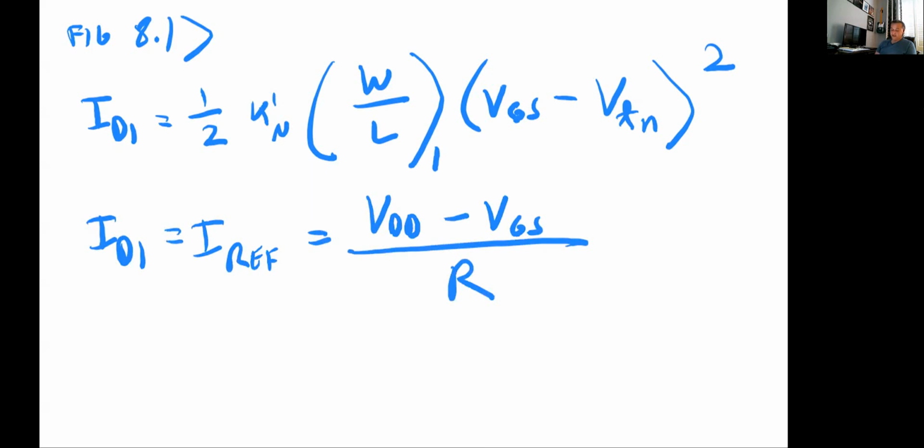We do need a good value of R, and there are techniques to do that, but I just don't want to have to apply those techniques in 10 Rs, it's just this one. Now, similarly, I can write the drain equation for transistor 2, and that's going to be my output current.